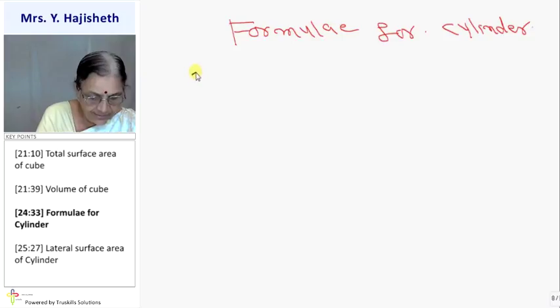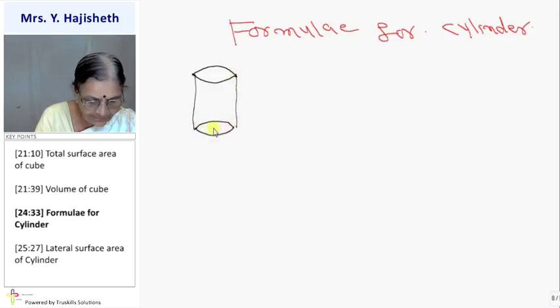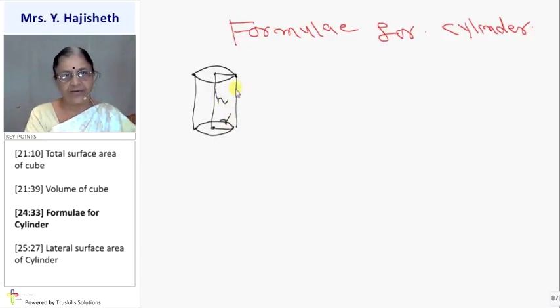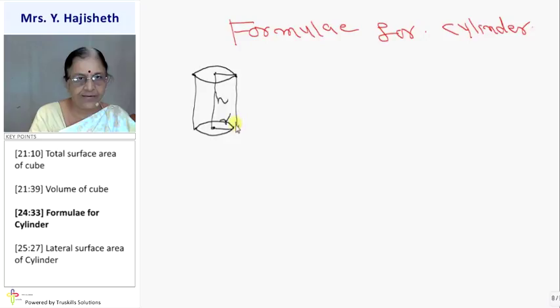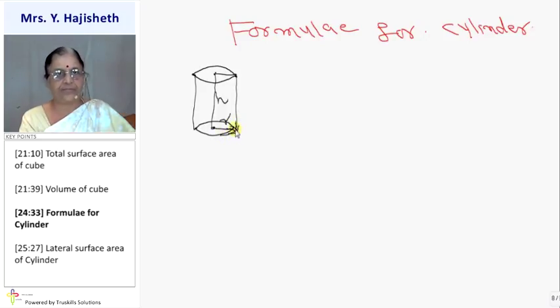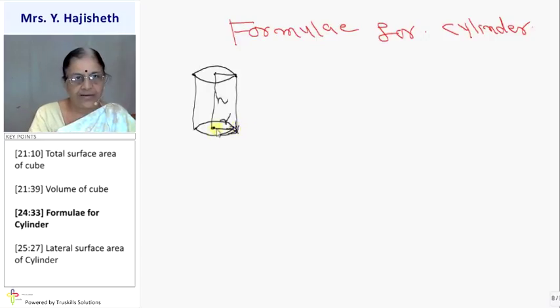Cylinder has a circular base and circular top. This is the shape of the cylinder. Right circular cylinder with radius R and height h. Clear? Radius is R and height is h. Here height and radius are 90 degree perpendicular to each other.